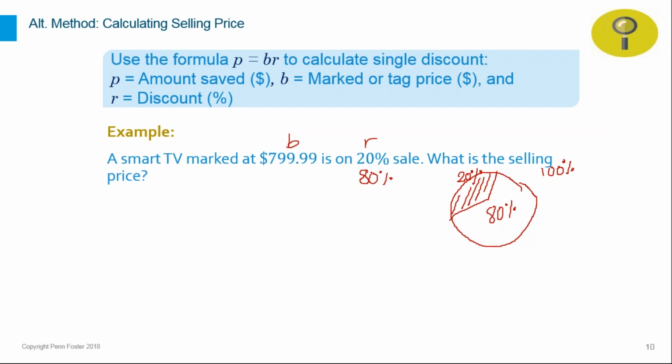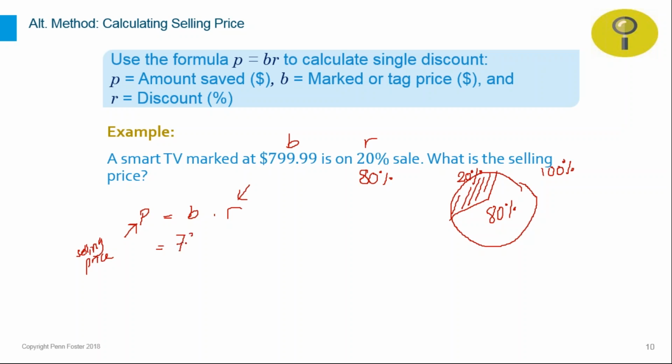So P equals B times R. P in this case is not the savings, it is the selling price, because my R is not the discount percent, it is the selling price percent of the tag price.